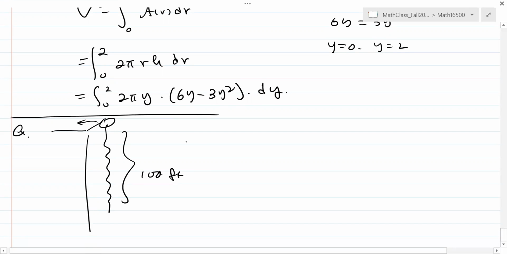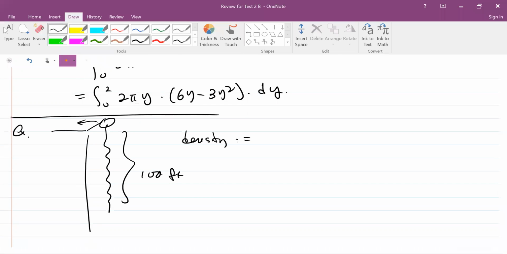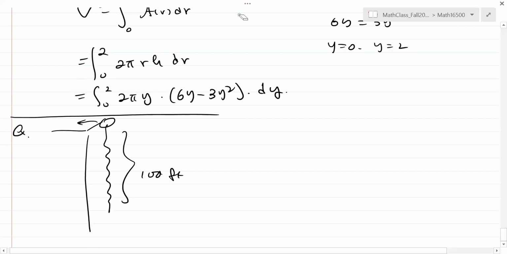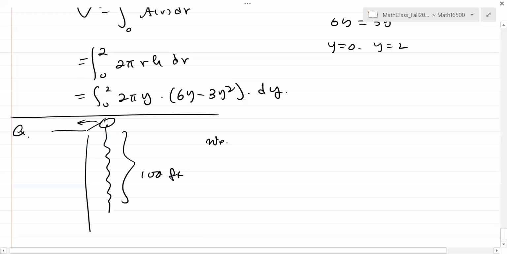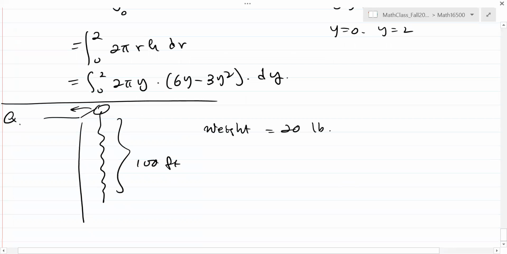And the density, no, total, we don't know the density. We just assume the whole cable. The weight of the cable is going to be 20 pounds. It's 100 feet long, 20 pounds.